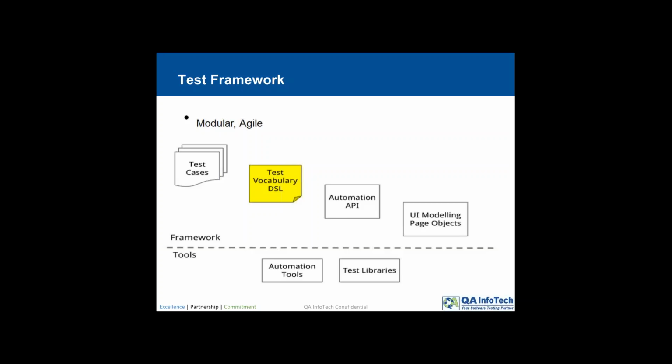The other parts of the framework involve the automation API that takes care of all the user actions on the given system under test, and the page objects repository, which holds the various UI locators. As you can see, there is a clear distinction between these components, as each one of these is a self-dependent entity that could be modified without impacting the others.